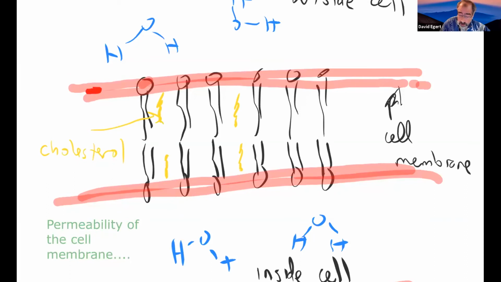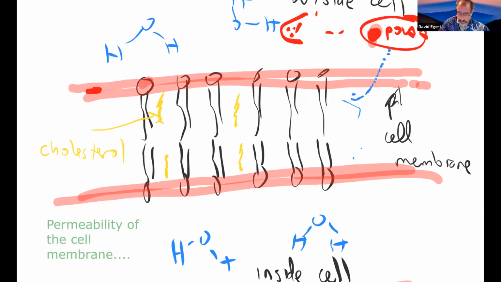If you're some polar molecule, you're going to want to dance with the water, with the polar solvent. So if you're some polar molecule and you're getting down here, you're like, no fun at all.